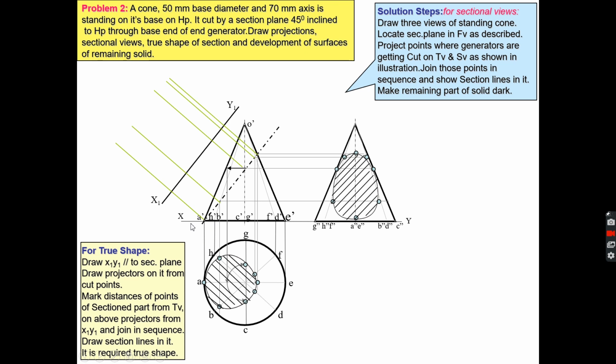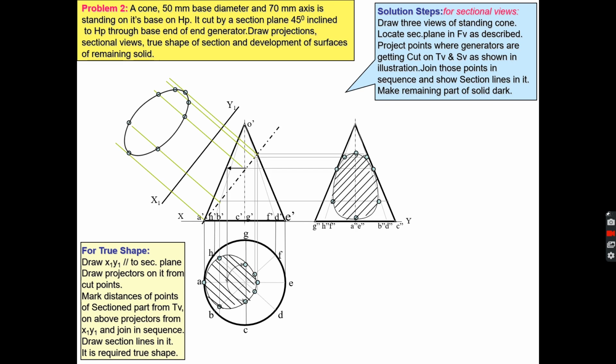Then you will measure all the distances of the points from the XY line in the top view, and you can mark them here with respect to the new reference line, and you will get the true shape of the section. And again you have to join all these points with the help of French curve because it is a curve.